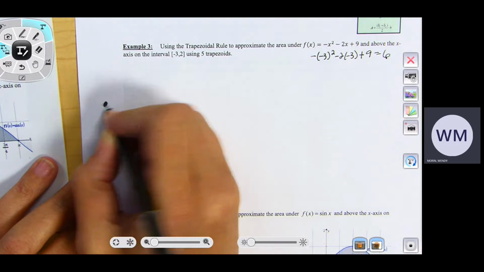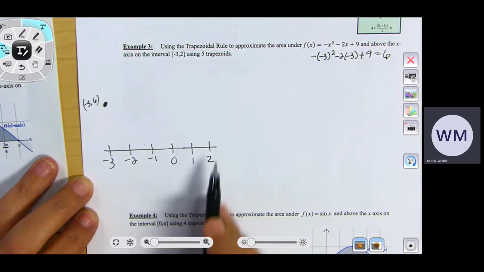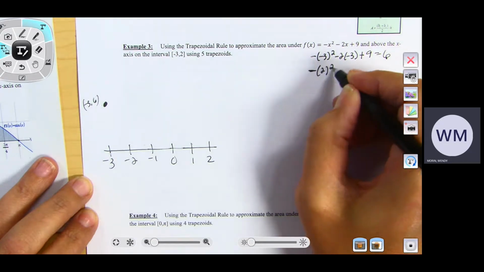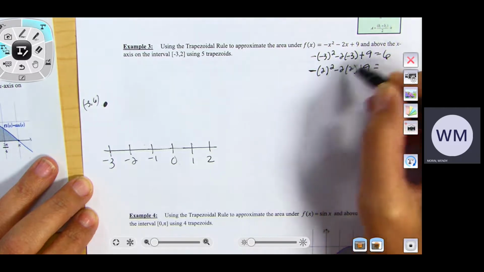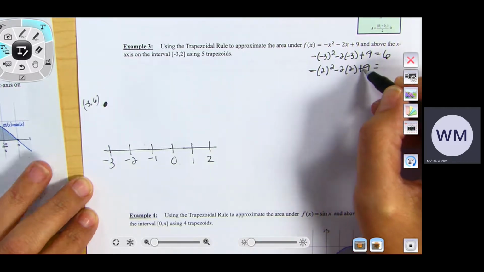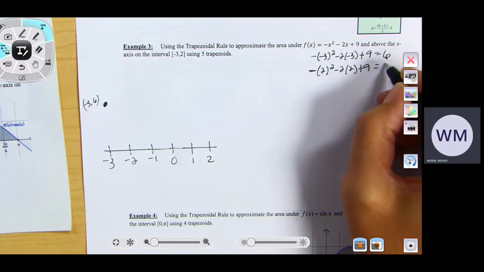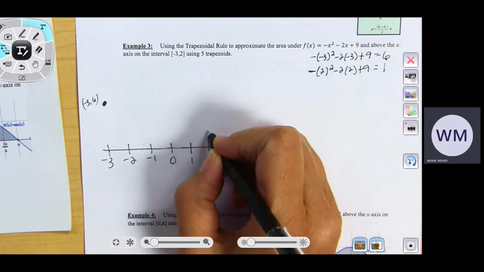We're just going to call that 6 right there. -3, 6. And we're going to end at 2. That's the opposite of 2 squared, minus 2 times 2 plus 9. What does that give us? 1. So 2, 1.